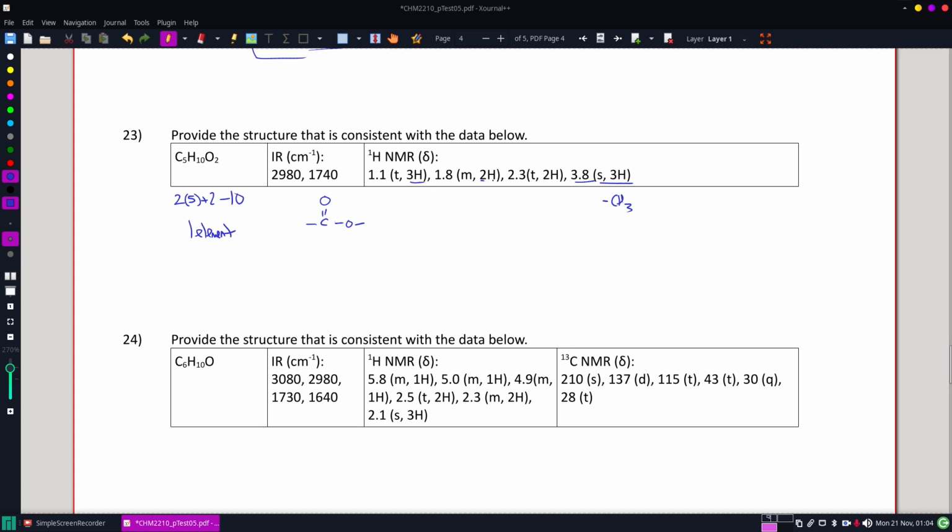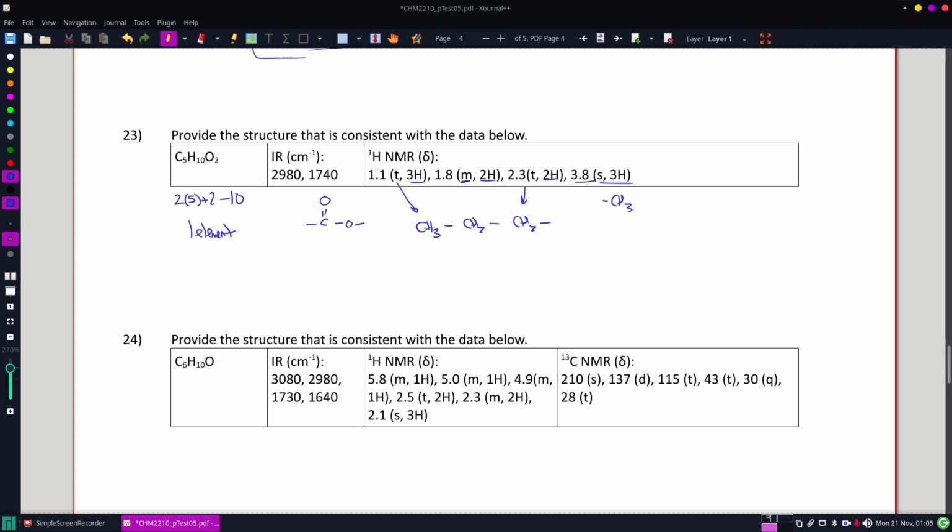So I have 3 hydrogens, 2 hydrogens, 2 hydrogens, and they're all split, so that implies they're together, and it does make sense. It's a multiplet between 2 triplets. The triplet is being split by a CH2, and that CH2 is also splitting this CH2, which is why we have a triplet and a triplet. And that's why this would be a multiplet.